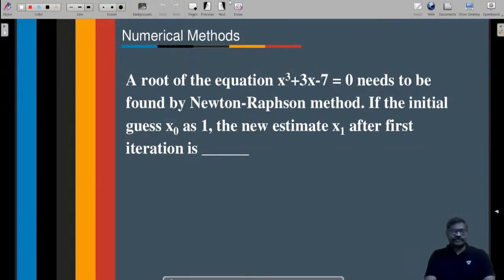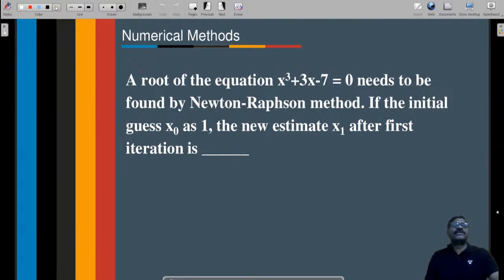Next problem. The root of the equation x cube plus 3x minus 7 equal to 0 needs to be found by the Newton-Raphson method with initial guess x naught equal to 1.